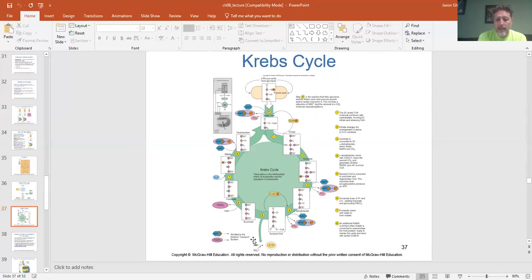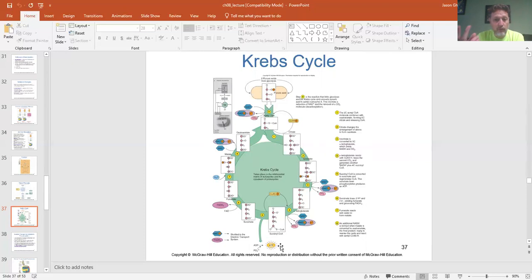Then we come in over at reaction 5, we'll produce an ATP. Reaction 6, we produce an FADH. Reaction 7, we're going to add some water to it, and then in reaction 8, we're going to produce another NADH. So for 1 pyruvic acid, we'll get 1, 2, 3, 4 NADHs, 1 FADH, and 1 ATP.